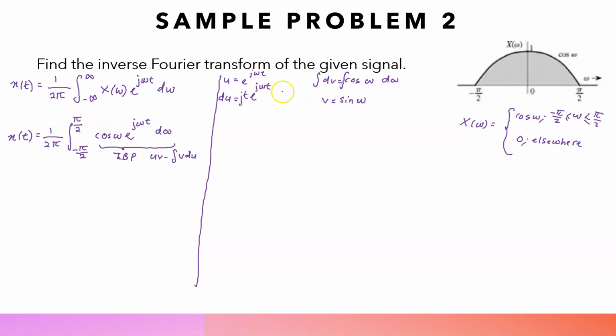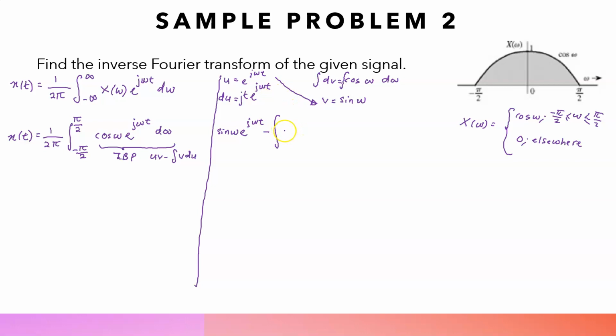Next, you multiply this and put it into the equation. So you will have uv, let's put the sign first: sine omega e^(j omega t), minus integration of v du.